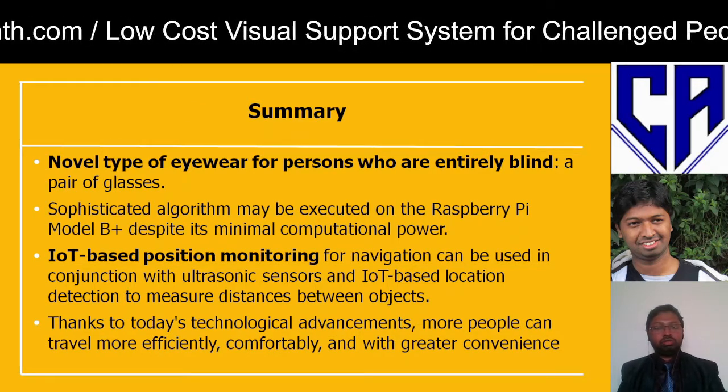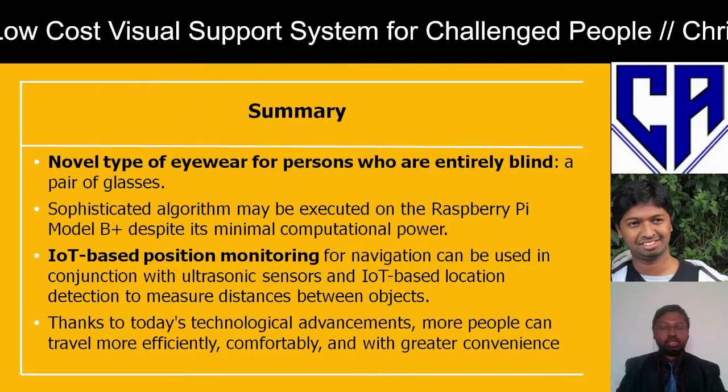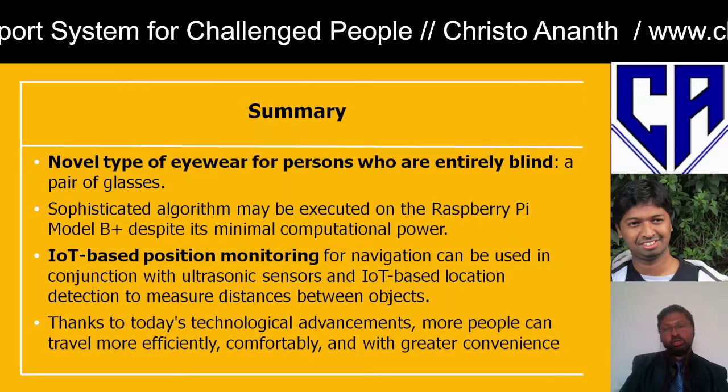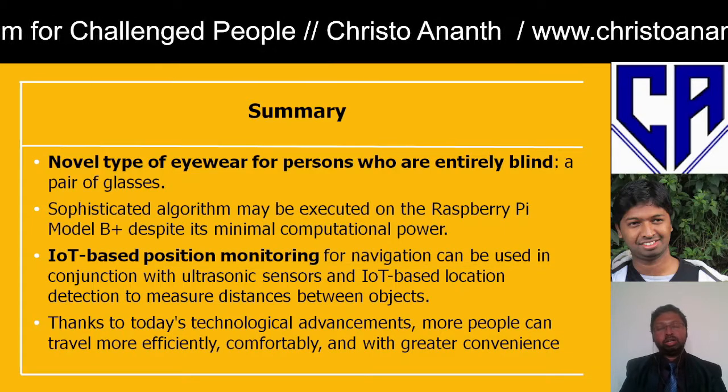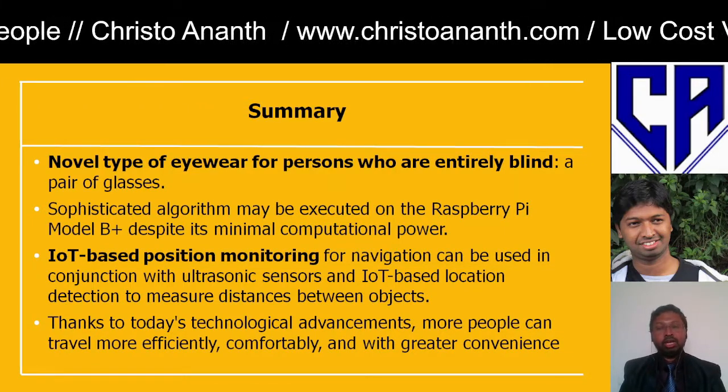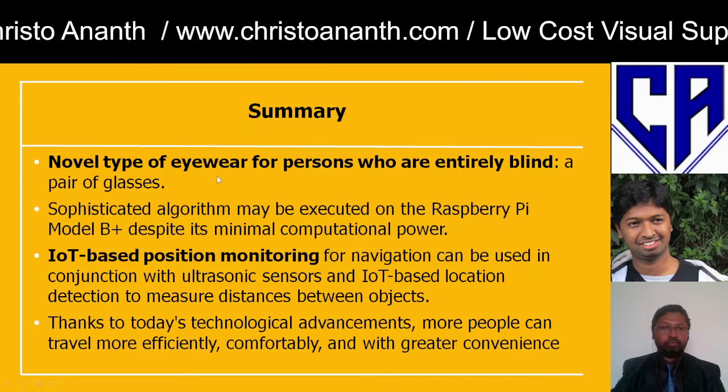And with today's advancements, this technology will carry over maybe within the next 2 years or so. So maybe people who cannot see completely can travel more efficiently, more comfortably, and with greater convenience.